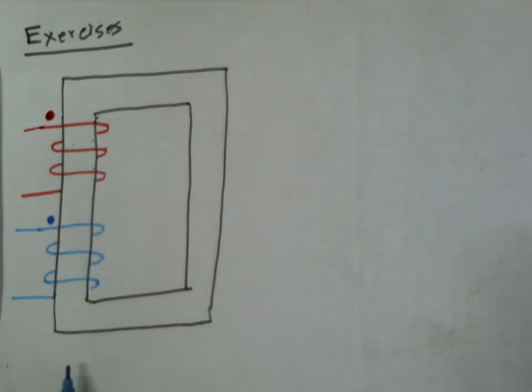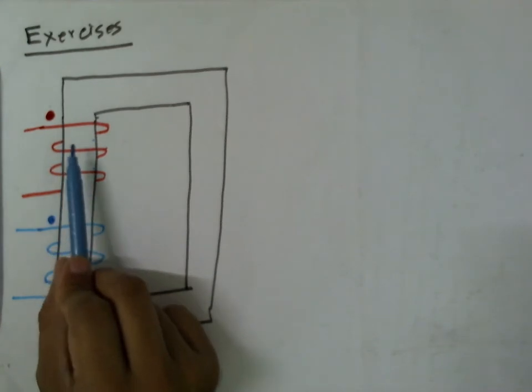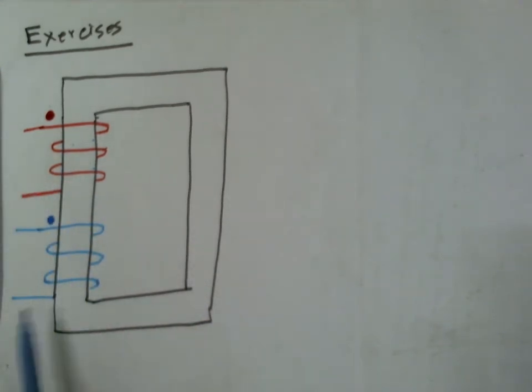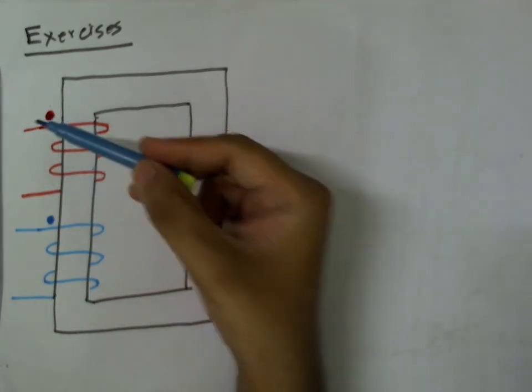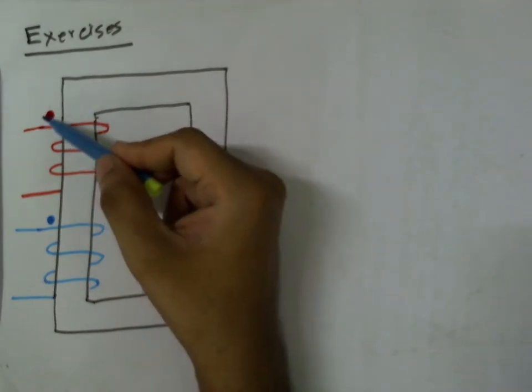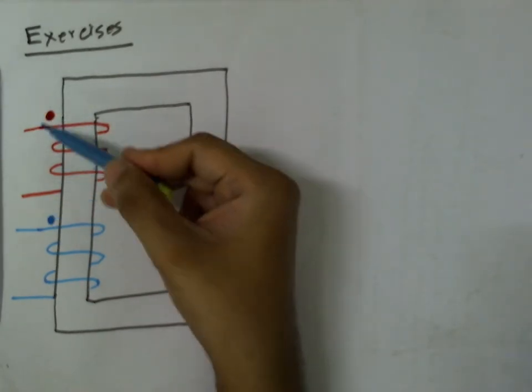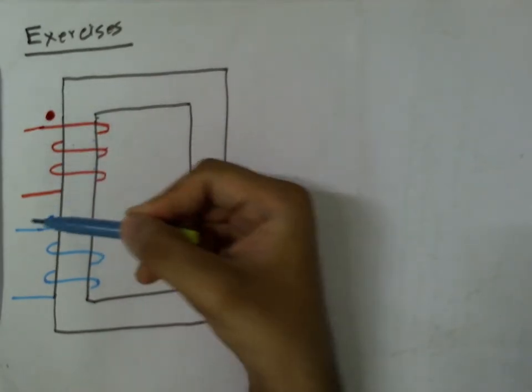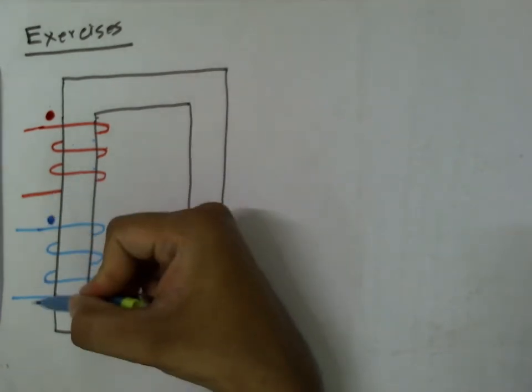That is, if we see from the bottom, both coils are rotating in a clockwise direction. Therefore, the dots should, very clearly, be at the similar terminals here and here, or alternatively here and here.